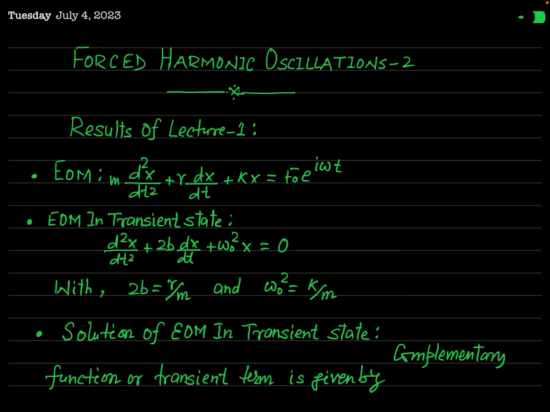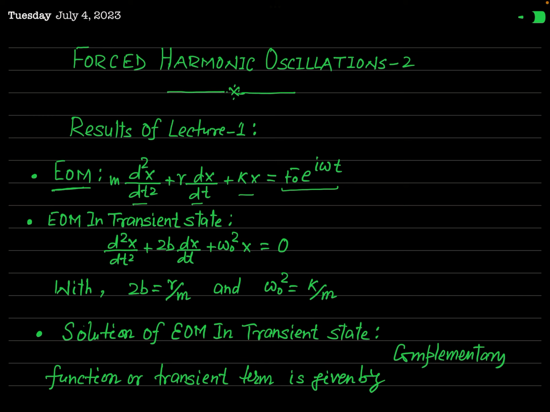You have seen that the equation of motion, this EOM stands for equation of motion, under this periodic force, which is F naught e to the power i omega t, is given as m d2x/dt2 + r dx/dt + kx = F naught e^(i omega t).